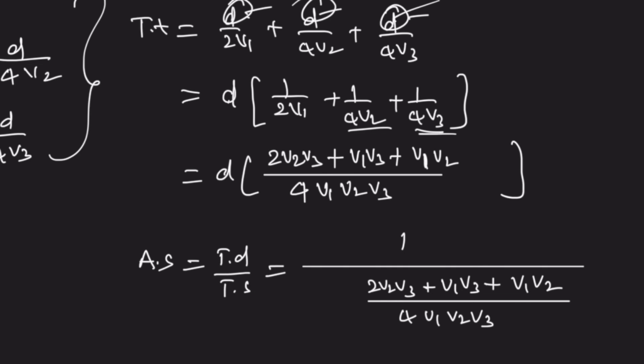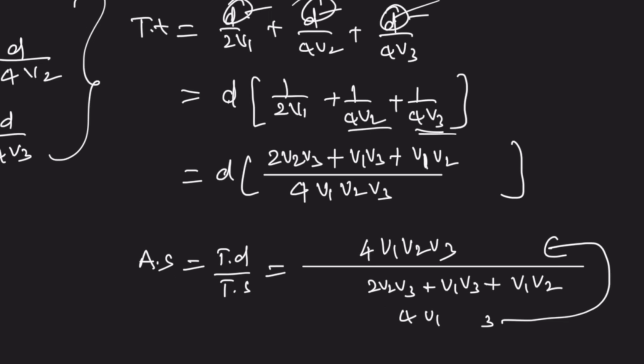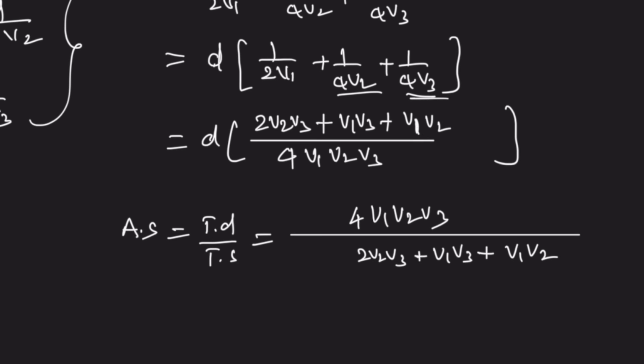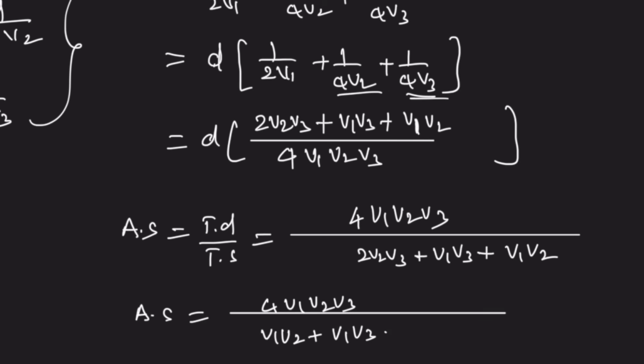Next, 4 V1 V2 V3 is the denominator of the denominator, so it becomes the numerator. For this situation, our speed is 4 V1 V2 V3 by V1 V2 plus V1 V3 plus 2 V2 V3.